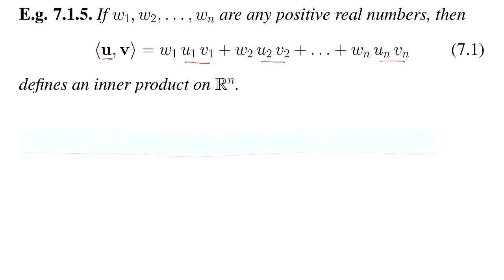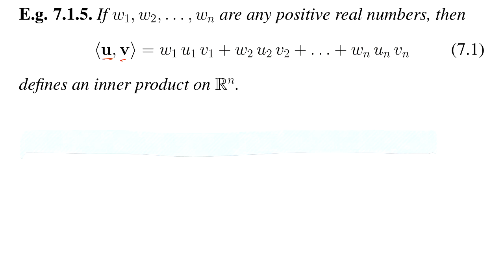If I didn't have these w's here, this really would be the dot product of u and v. But if I stick in any collection of strictly positive weights, so each of these wi's I can consider as being a weight, I still have an inner product.